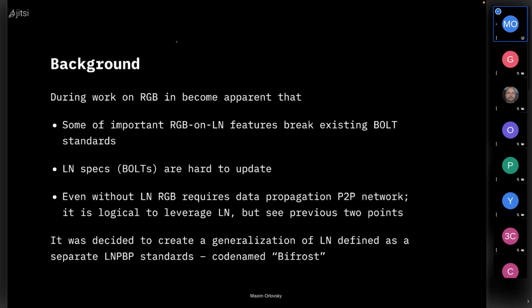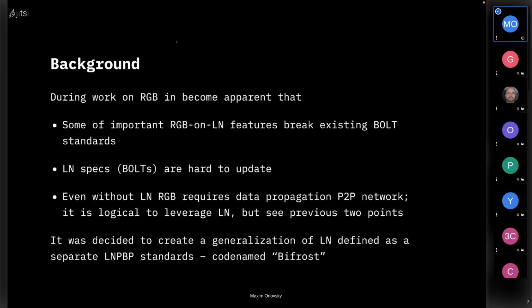Specifically, BOLT unfortunately doesn't provide a way for us to add additional feature flags as a part of BOLT 9, other than getting all the review committee and all the maintainers of Lightning RFCs to agree upon them, which from the experience of previous projects takes many months and sometimes years. So it was a very painful way, and that's why we looked into other options.